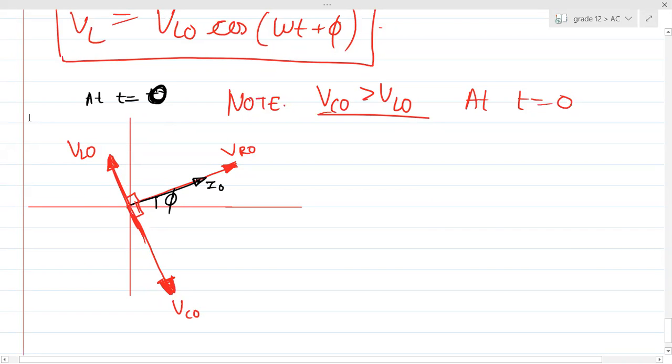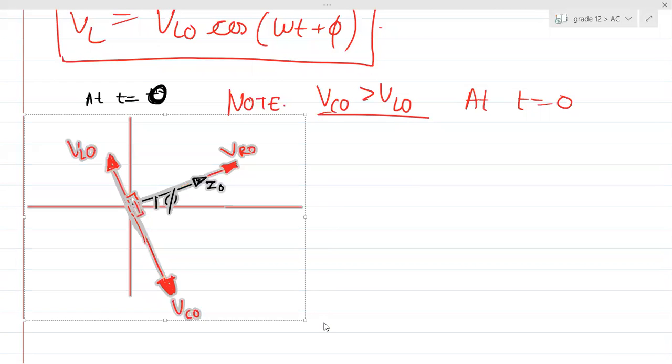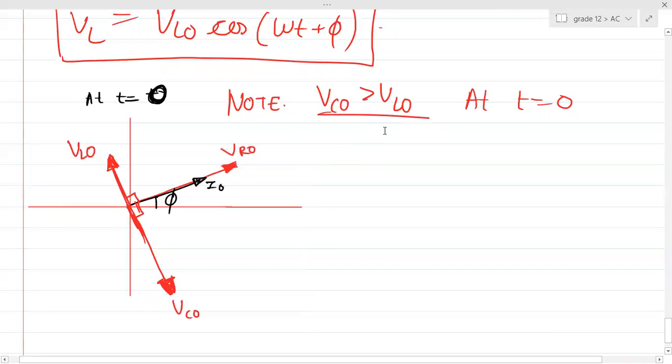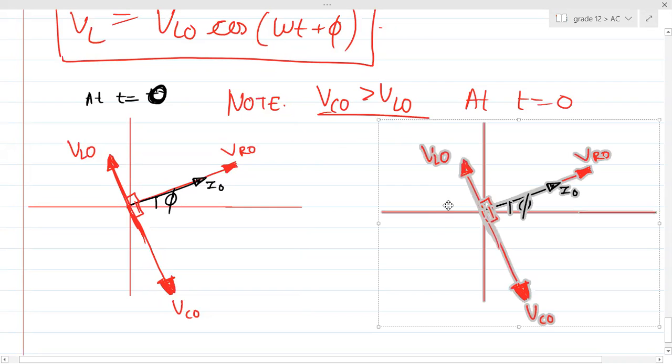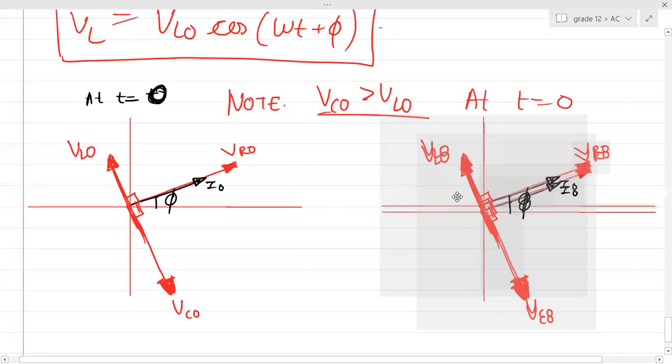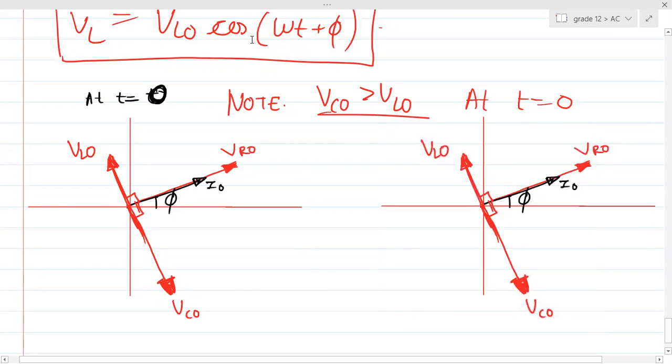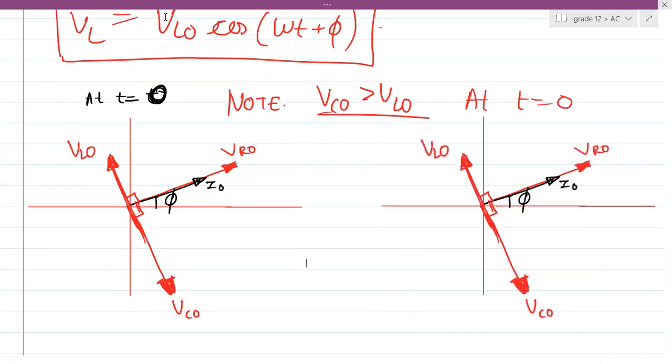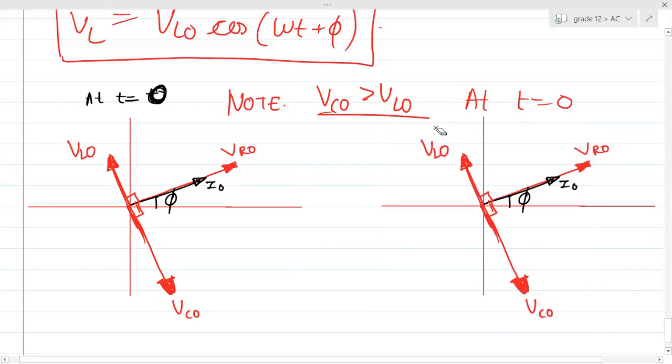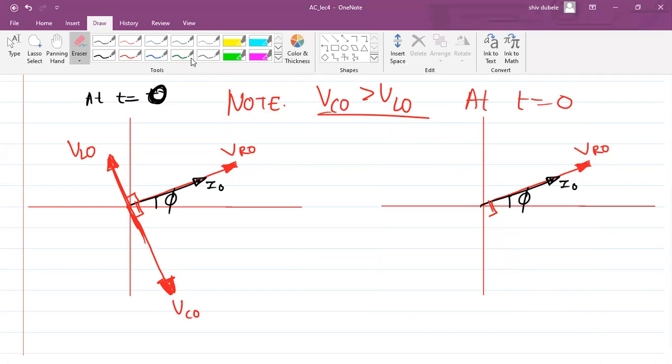So when I add both of them, can you see VC naught was greater than VL naught? So ultimately what will happen? This VC naught will get vanished, right? And this vector which was initially long will become a little bit short.